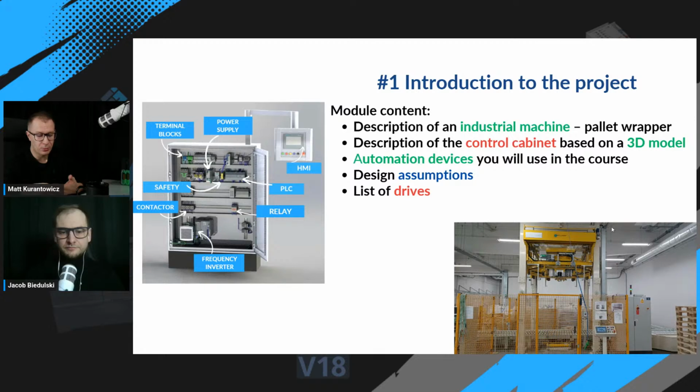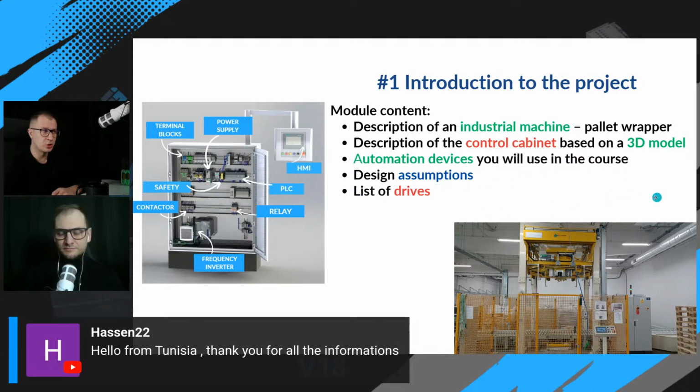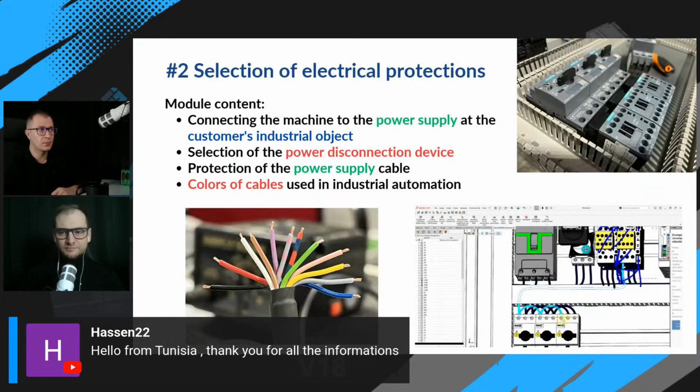You'll get a 3D model in PDF file, and you can easily navigate in such a model. What's more, we'll show you automation devices you will use in the course, and we will give you project assumptions. In the end, we'll list drives which you will use in the project.